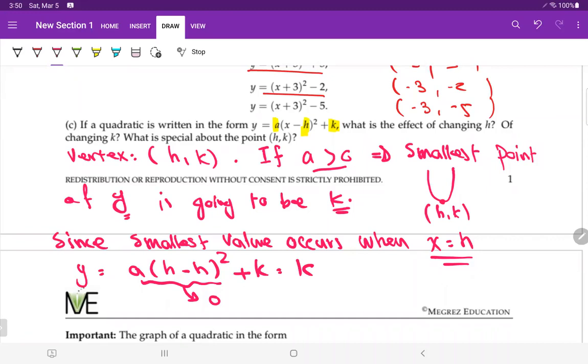This is what we need to know: the axis of symmetry is X equals H. We need to know these points. And we know the effect of K and H. We have seen that K is bringing this guy up and down.